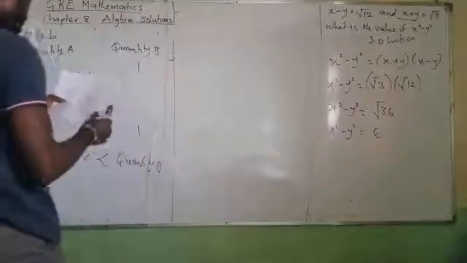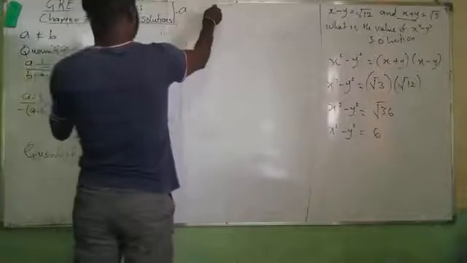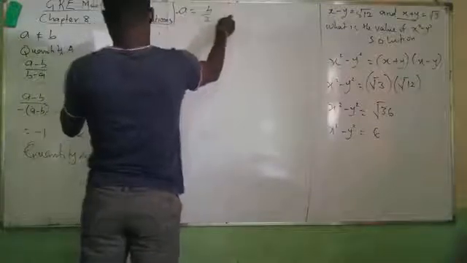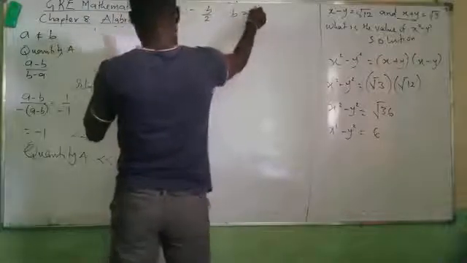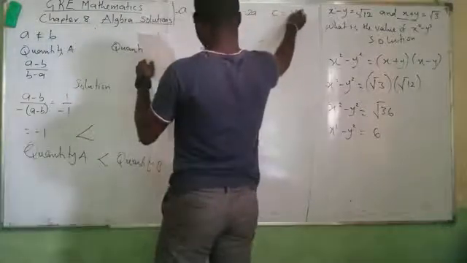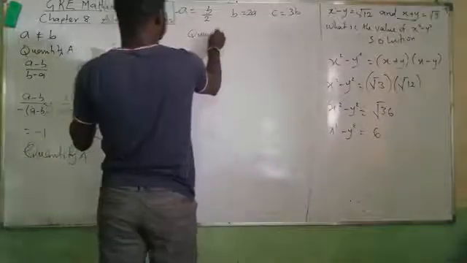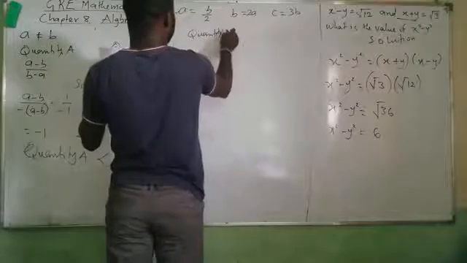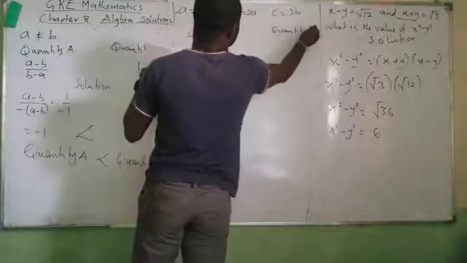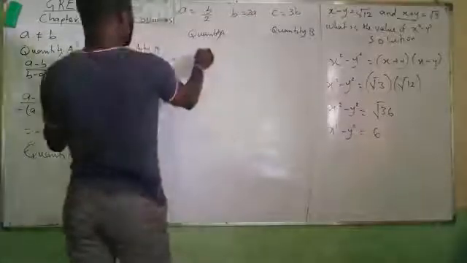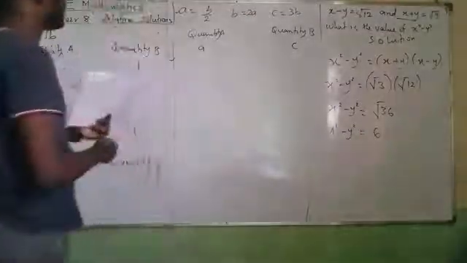Now, I have A equals B over 2, B equals 2A, and C equals 3B. Now, I will take quantity A and quantity C. I want to know the relation.